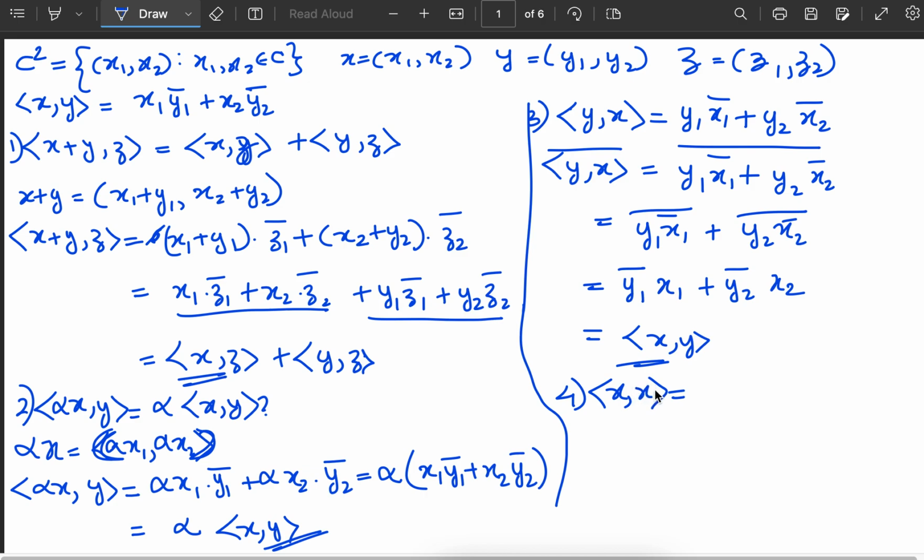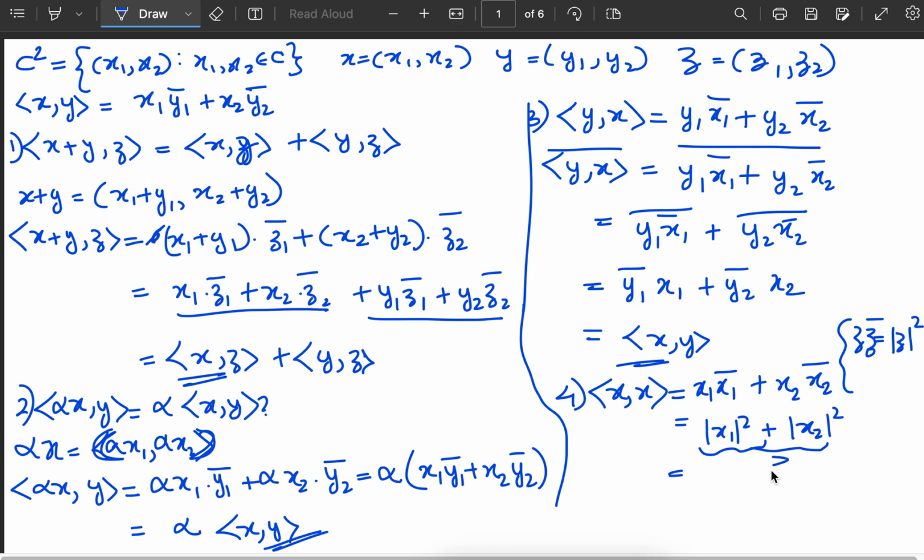When we consider x as the second element, we need to take the conjugate of its components. So x1 into x1 conjugate plus x2 into x2 conjugate. So this is equal to mod x1 square plus mod x2 square, because z into z conjugate is equal to mod z square.